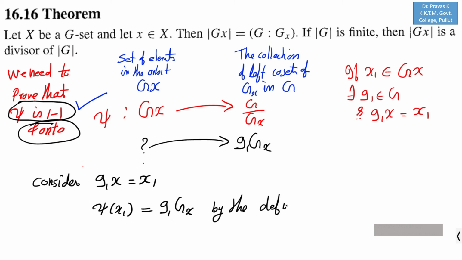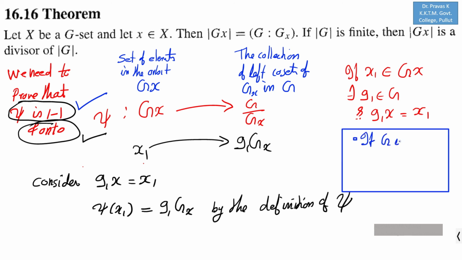Now we have proved that psi is 1-1 and onto, which means that the number of elements in the orbit and the number of left cosets of Gx in G are the same. Finally, if G is finite, then the order of the collection of left cosets, that is order of G over Gx, is the same as order of G over order of G suffix x.